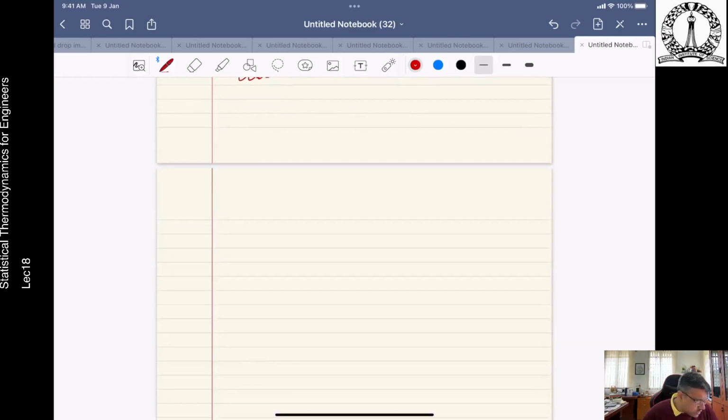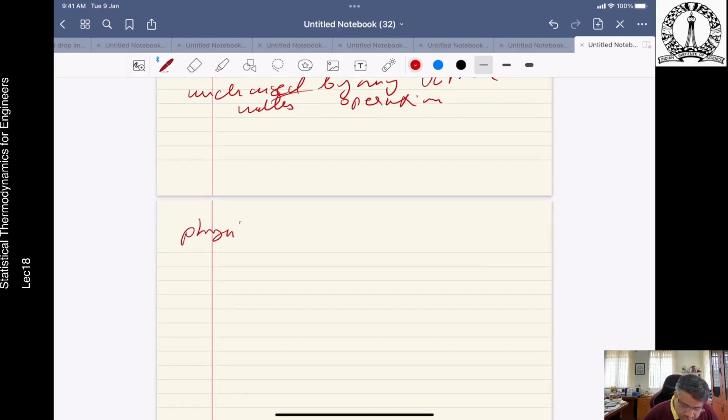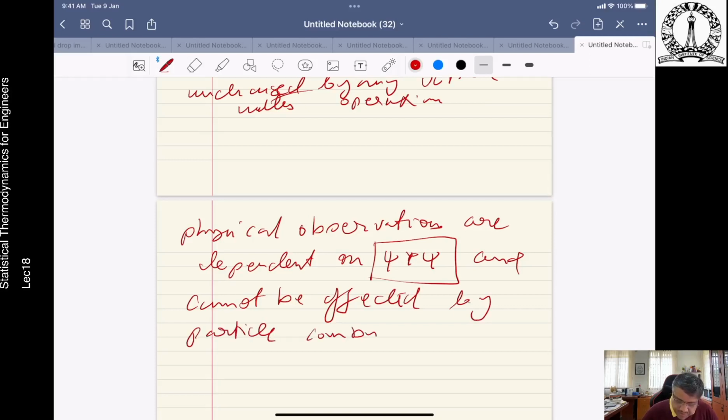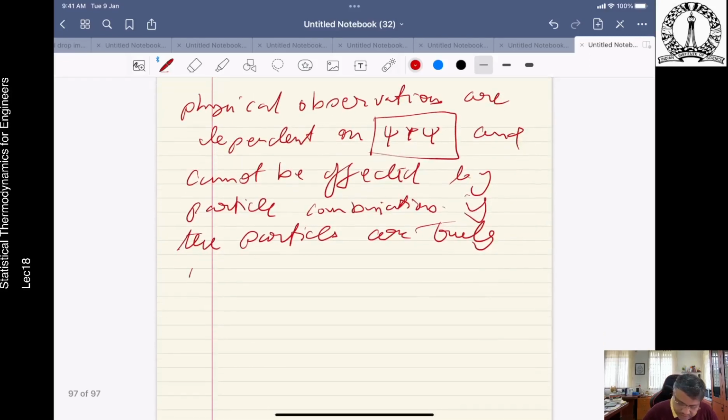The physical observations are dependent on star shine and cannot be affected by particle combinations if the particles are truly indistinguishable.